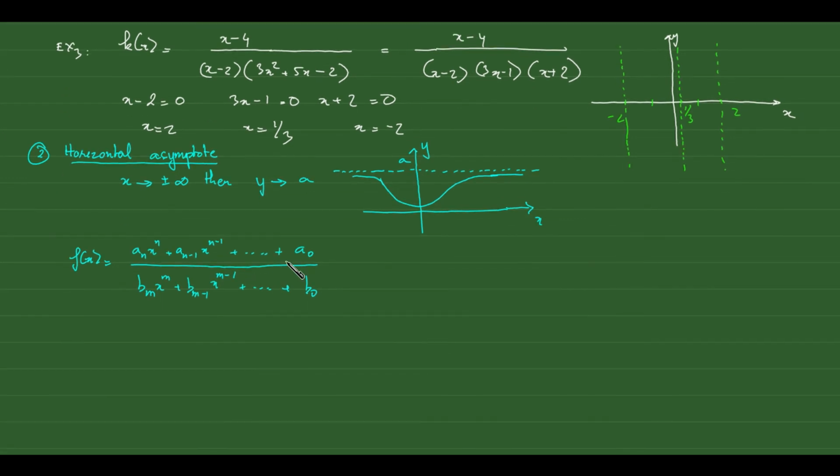Now I'm gonna categorize this into three cases. The first case is if n is greater than m, which is the degree on the top is greater than the degree at the bottom, then f(x) has no horizontal asymptote.